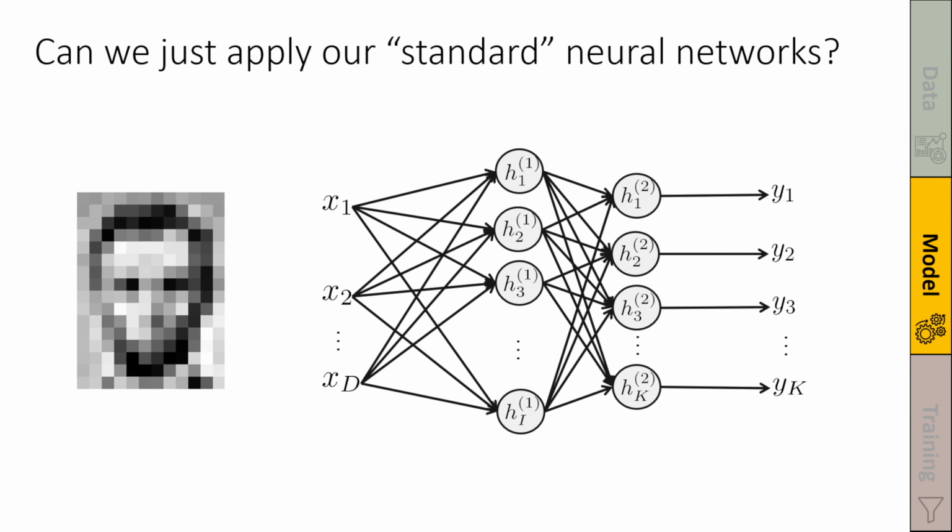But can we simply use the standard neural network that Arne talked about in the previous section? And the answer is, of course. What we can do is to pass each pixel as a different input dimension to our model. And that means that we would have a weight connection from every pixel in the image to every unit in our first layer.